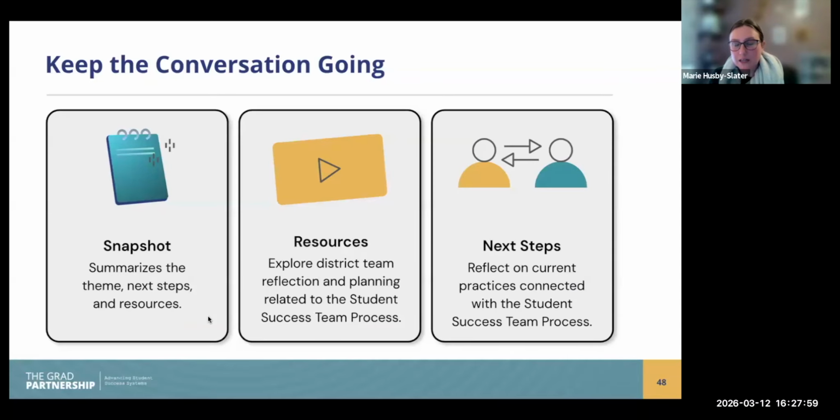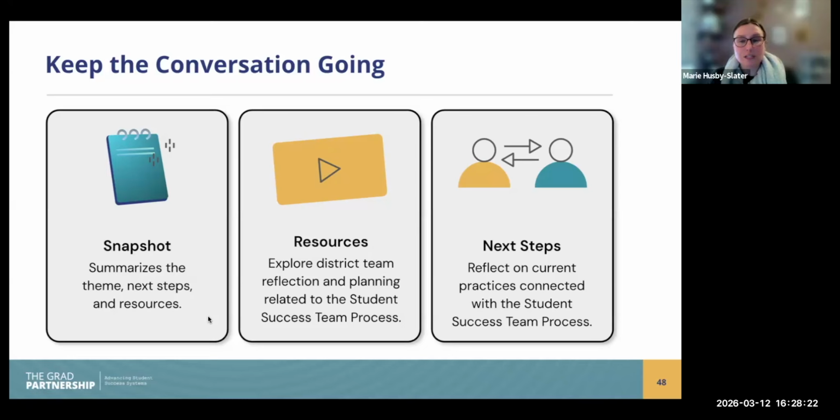As always, in follow-up to today's session, you will be receiving our theme snapshot that summarizes the team practices theme, next steps you can take with your team when you get all of this back after today, and related resources.